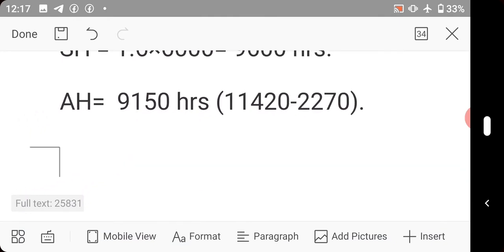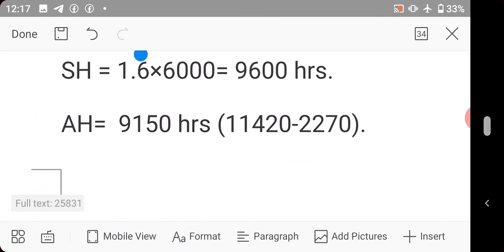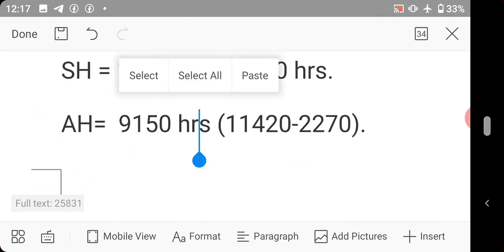We'll come to actual hours. How do we get this actual hours of 9,150? You take away idle time from the total hours paid for, because efficiency deals with the actual hours worked, not actual hours paid for.